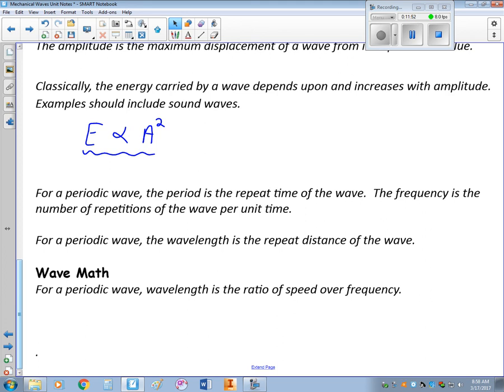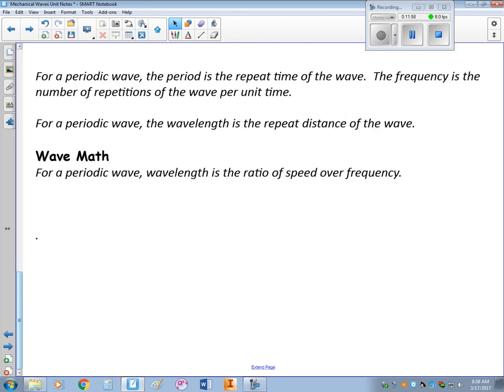For a periodic wave, the wavelength is the distance of 1 complete oscillation, just like 1 complete wavelength.